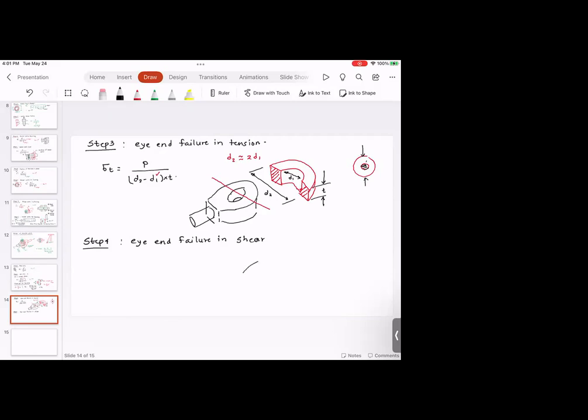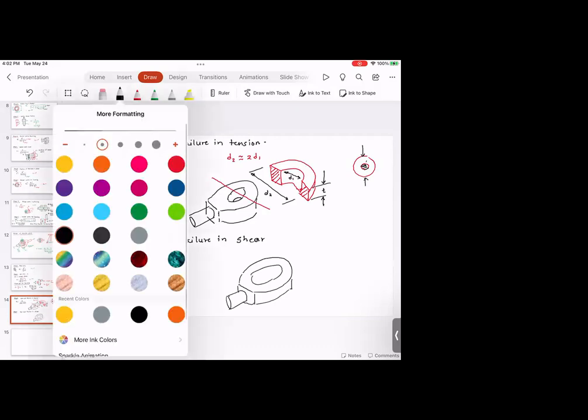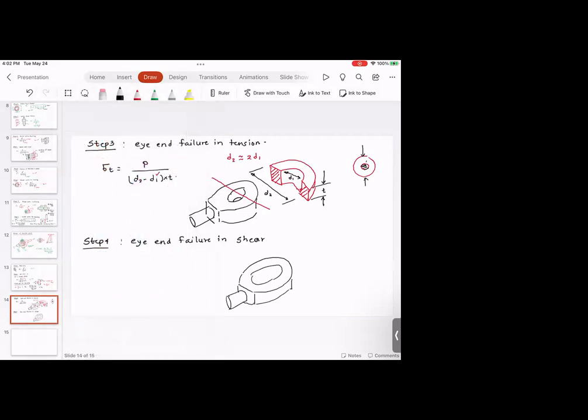Think about it like the eye end, and what happens is this thing comes out.